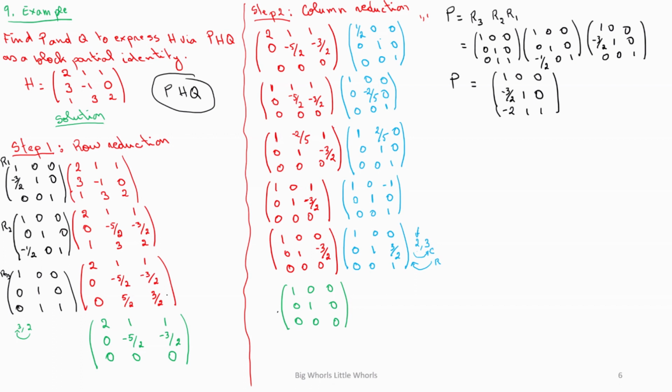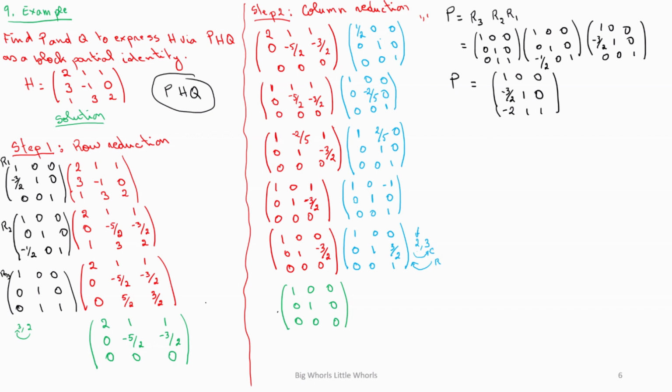So doing that will give us this. The next one is that, followed by this, followed by that. Let me just double check before we continue. So P is that, followed by the second matrix, followed by that matrix.